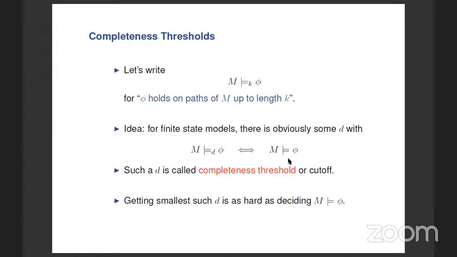So there is always a bound on the length of the lasso. You can actually prove this, because there is always a bound on the maximal length of the lasso shaped paths that you can have in a finite state system.